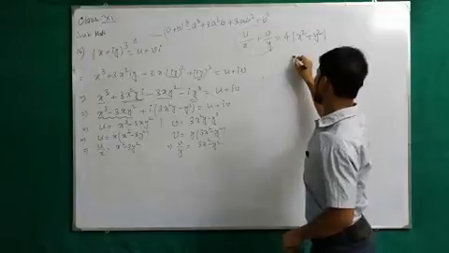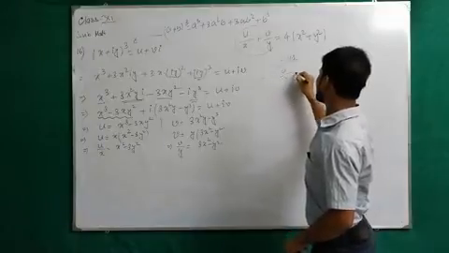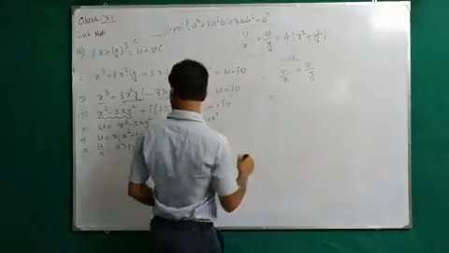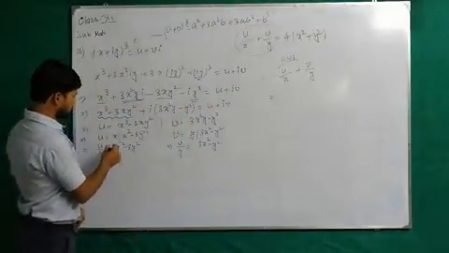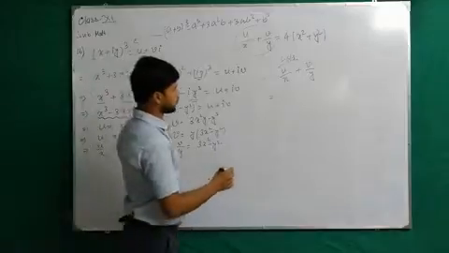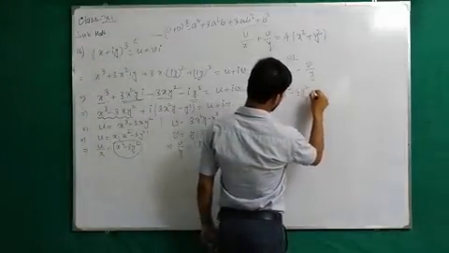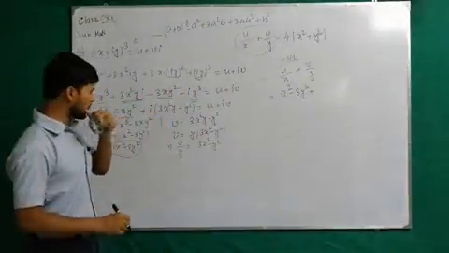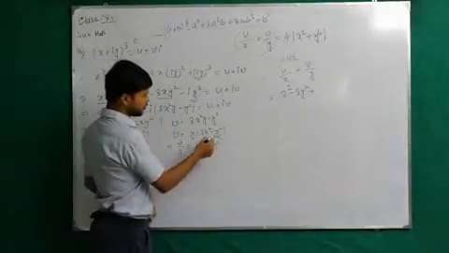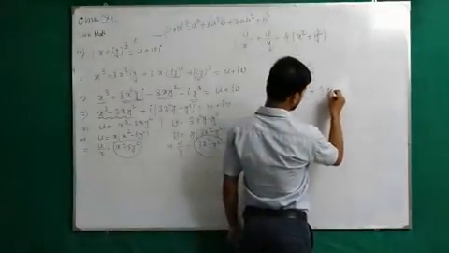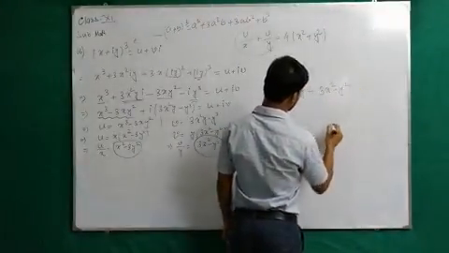So from the left hand side we have ∂u/∂x plus ∂v/∂y, that equals, what is the value of ∂u/∂x? That is x square minus 3y square. Put it here: x square minus 3y square plus, what is the value of ∂v/∂y? Which is equal to 3x square minus y square.